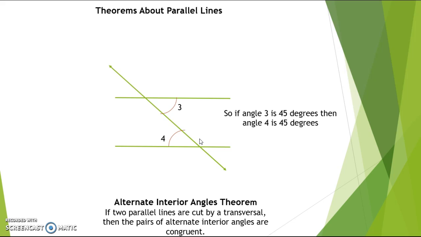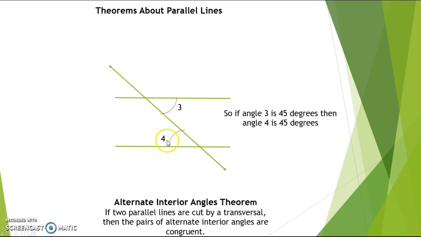Right, moving on, we're going to look at the alternate interior angles theorem, which states if two parallel lines are cut by a transversal, then the pairs of alternate interior angles are congruent. As we can see here, parallel lines cut by the transversal, angle 3 is inside, or interior, the parallel lines, as is angle 4, and they're alternate, on alternate sides of the transversal.